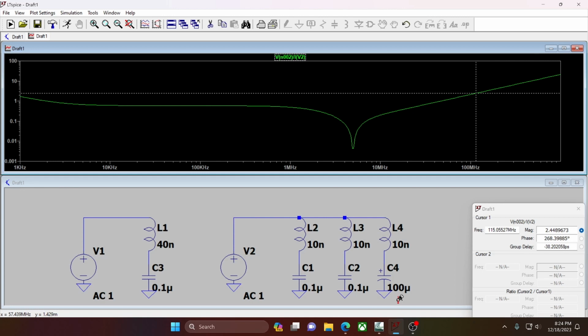It'll take you forever before you think, maybe I should scope this line and see what's going on. And it'll take you forever before you think, should I look at the rise time? So if we design our circuits to be very resilient in the first place, we save ourselves a ton of time.